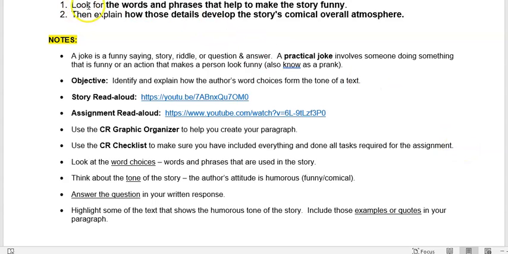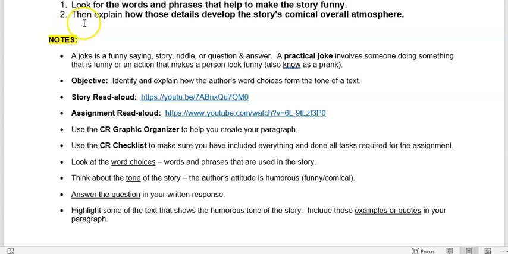Okay, so look for the words and phrases that help to make the story funny. You want to look at the word choices, which are words and phrases that are used in the story. You want to think about the tone of the story. The tone is the author's attitude or the overall atmosphere, and the author's attitude is humorous, funny or comical.